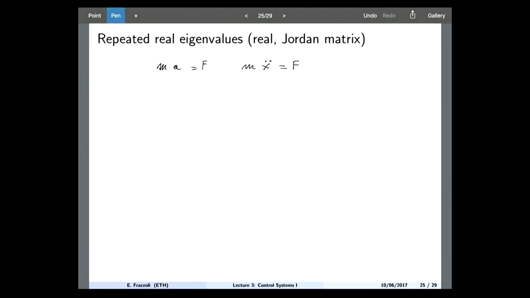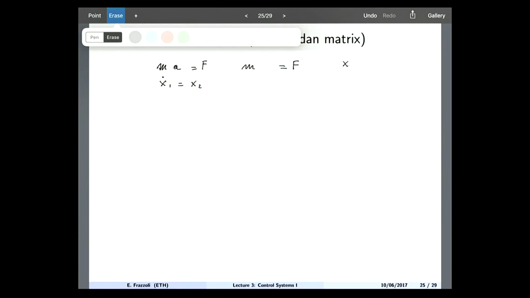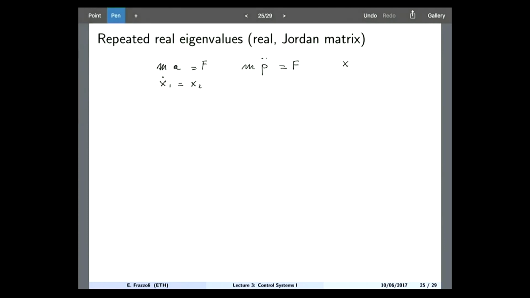How do I convert it to the A, B, C, D form? I don't want to mix up x, too many x's. So mass times the second derivative of the position will be equal to the force. This is Newton's equation.